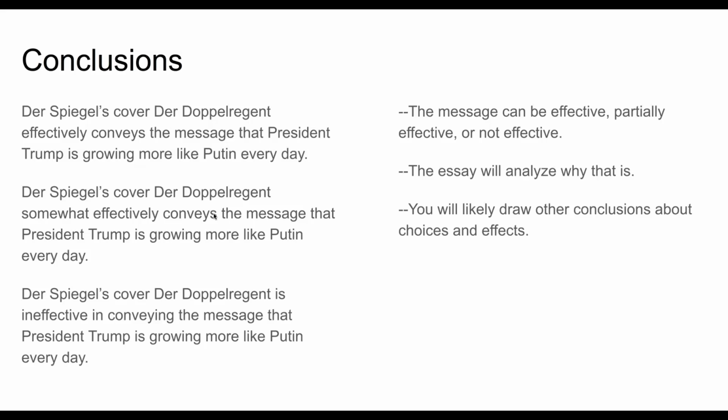By the way, that last one is the most difficult to do. It's much easier to say it's effective or somewhat effective. If it's ineffective, it's missing things, and it's hard to talk about what's not there, at least for very long, right? You could write a couple sentences about what's missing, but then what can you say about that? Not much.